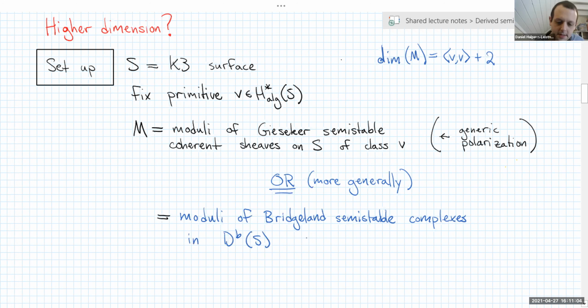And this is again for some generic stability condition, sigma.